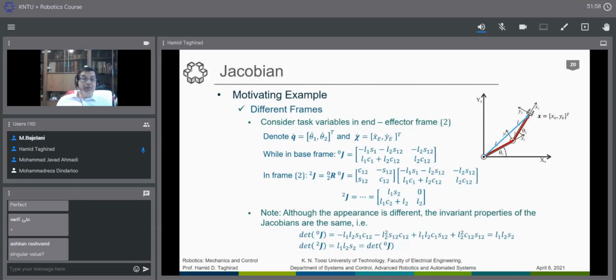Sine of theta 2 is equal to 0 when this arm is fully extended or fully folded. Do you remember these two issues in kinematics? It was the border of the workspace, where the solution becomes a double solution, you know.